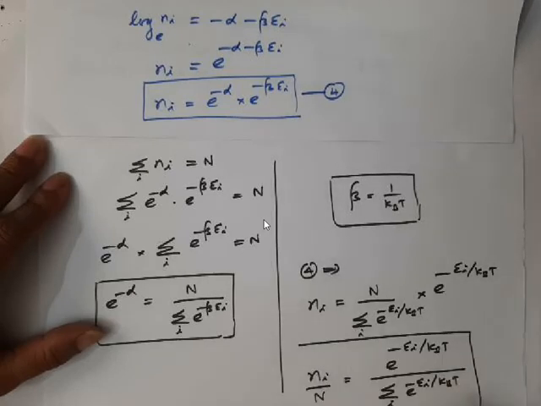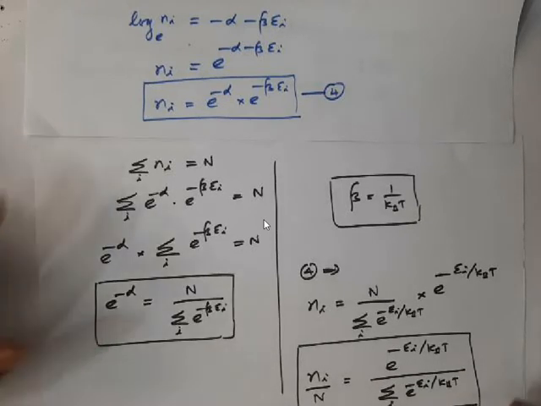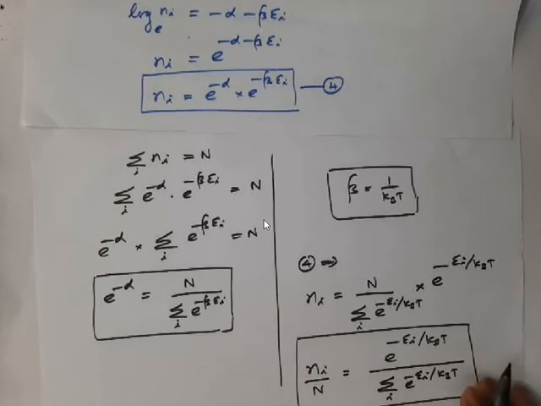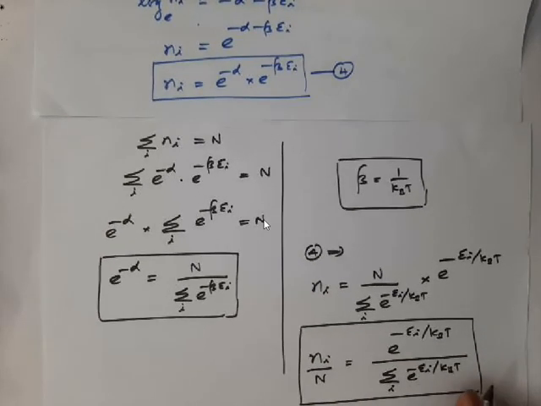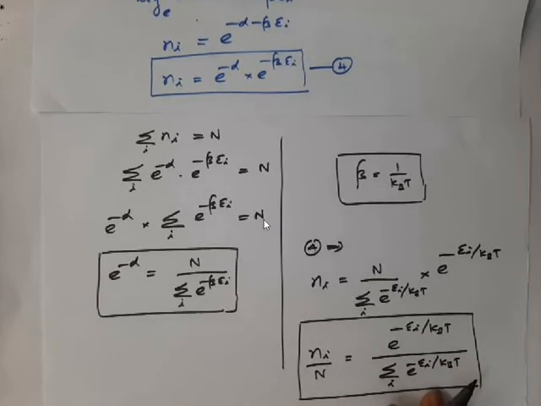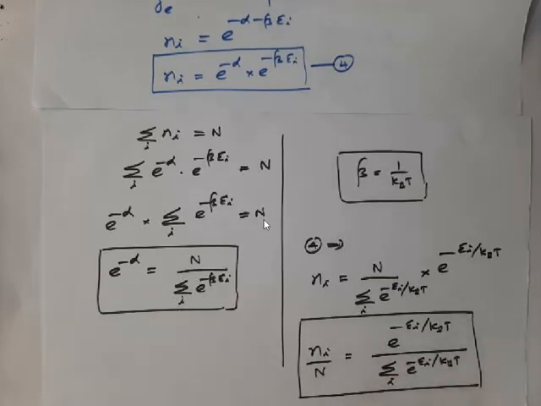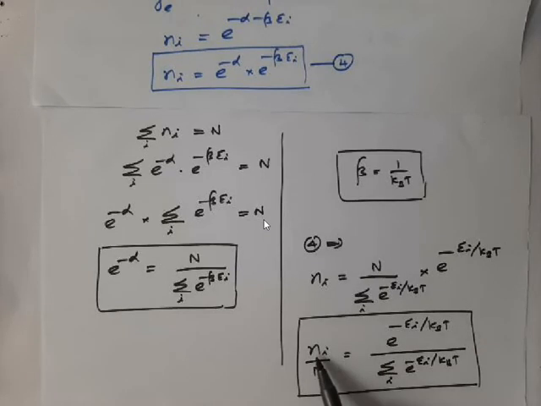This is the expression for Maxwell-Boltzmann distribution for non-degenerate energy levels. If energy levels are non-degenerate, yes, you can use this expression as Maxwell-Boltzmann distribution. What is the use of this expression? The importance is that you will get the population in the ith level of the most probable distribution directly.